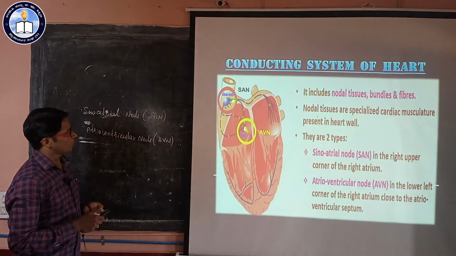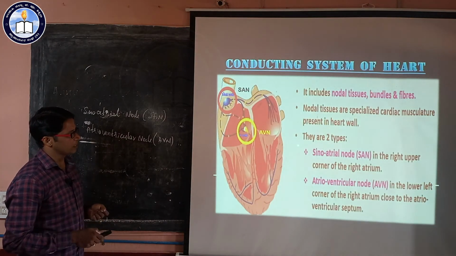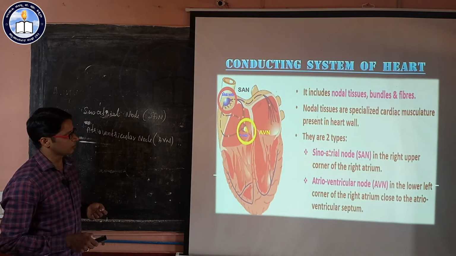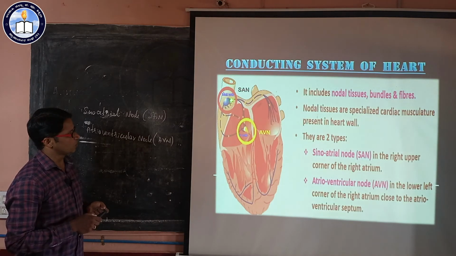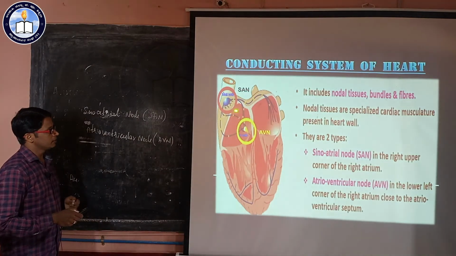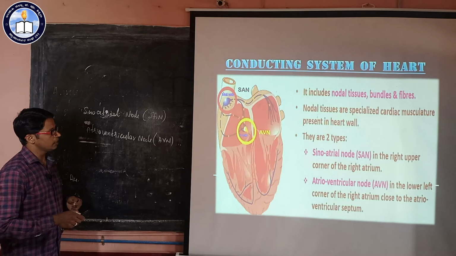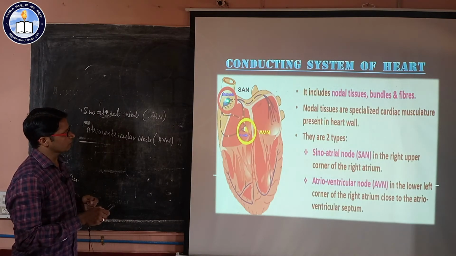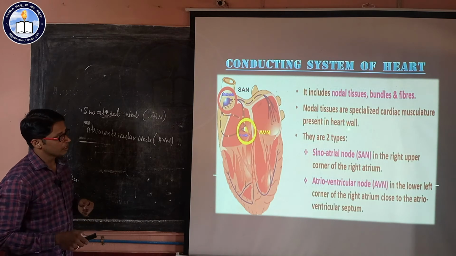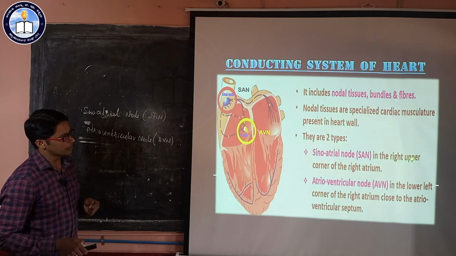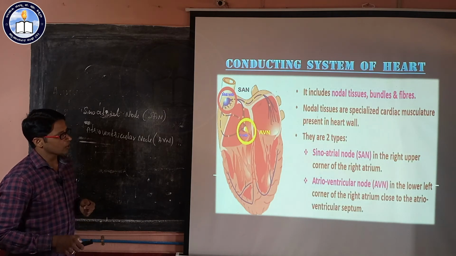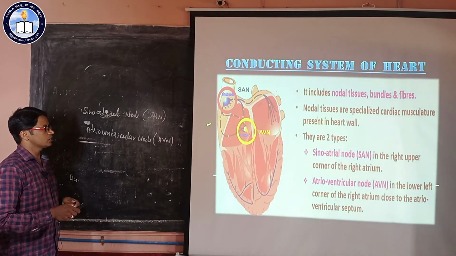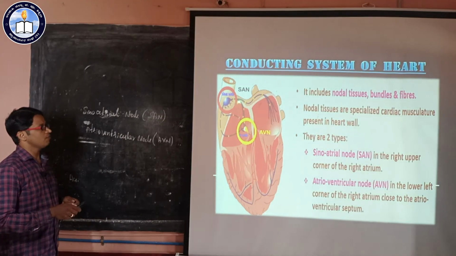So what is this sinoatrial node and where is it located? This sinoatrial node is present in the upper part of the right auricle, the upper corner of the right auricle. This is the right upper corner, this is the left upper corner.